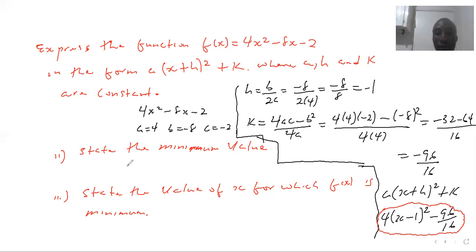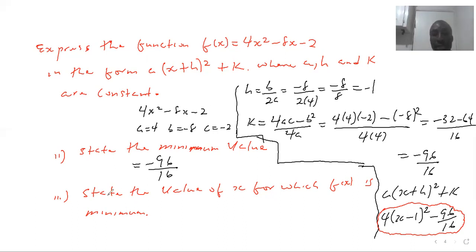They can ask you for maximum or minimum. How do you know? If the coefficient of x squared is positive, in other words, if the number in front of the x squared is positive, they should be asking for minimum value. But if the number in front of the x squared is negative, they should be asking for maximum value.